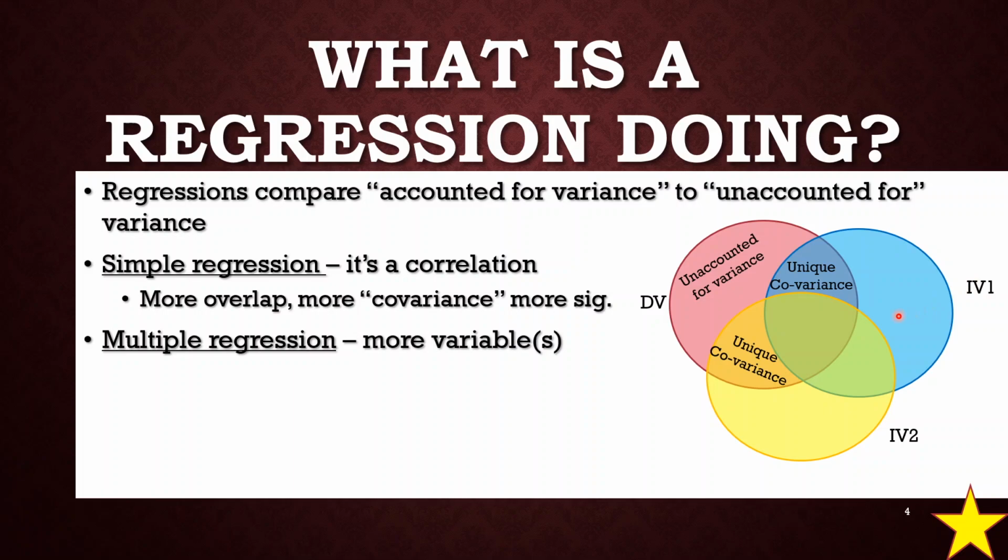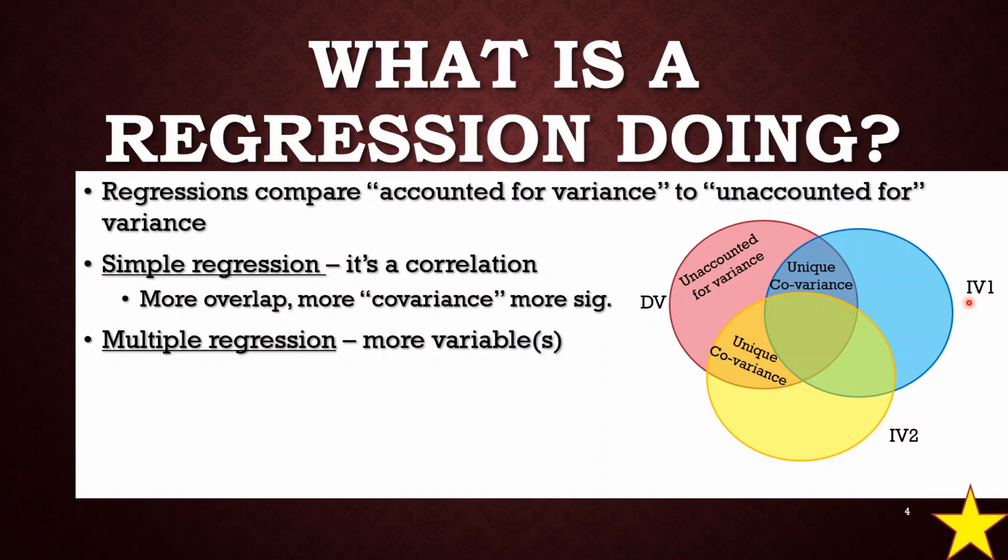In that case, there's less unaccounted for variance thanks to what this one did, and this one would not have lost a lot of unique covariance. So adding in a variable that makes a previously non-significant variable more significant happens because there is less unaccounted for variance compared to the unique covariance in that first original variable.